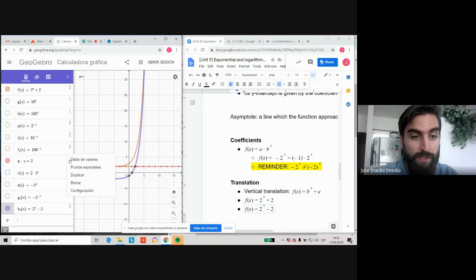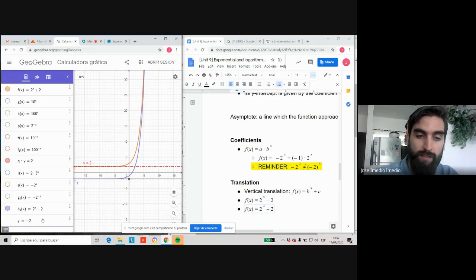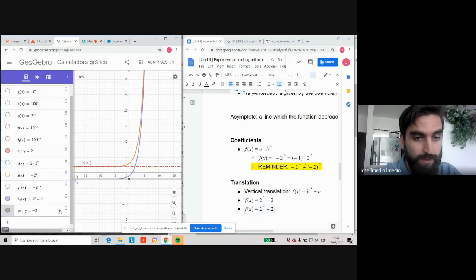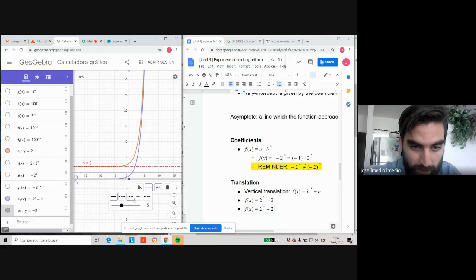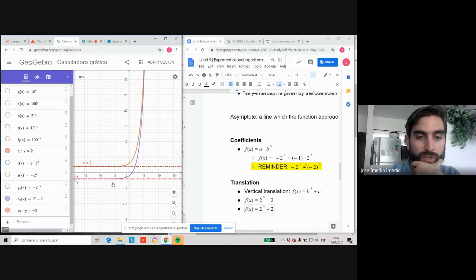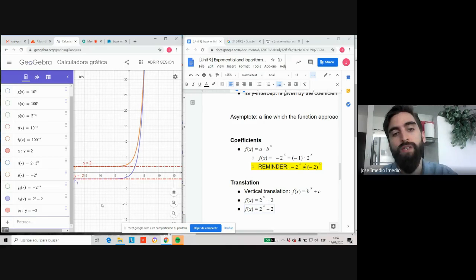Now my asymptote is going to be placed at y equals minus 2.